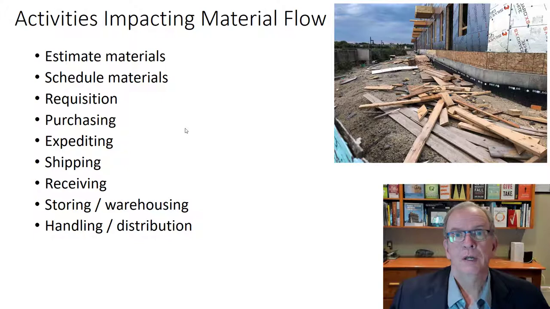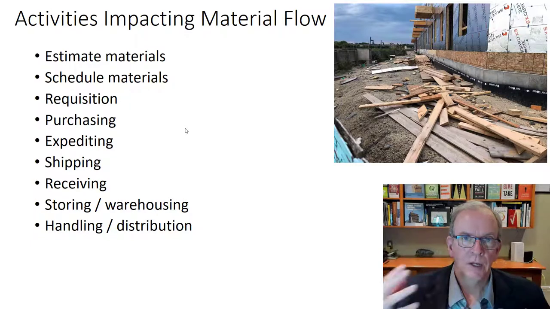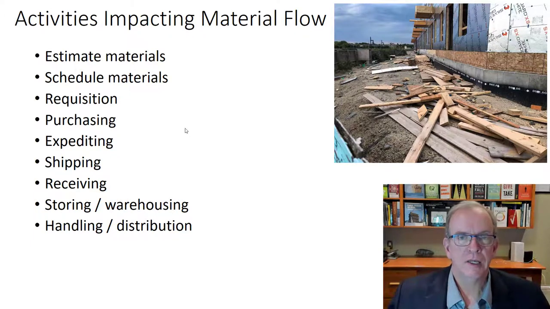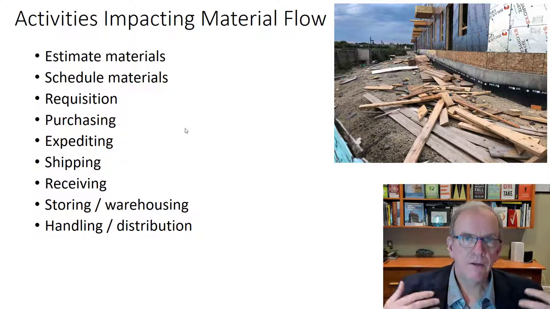If you have workers waiting for work, if you don't have the materials there for the workers, they can't do the work, right? Or on the other side, if you have work waiting for workers. There's a catchphrase that's used in lean construction: work waiting for workers and workers waiting for work. Trying to have an even flow so that neither one is happening.